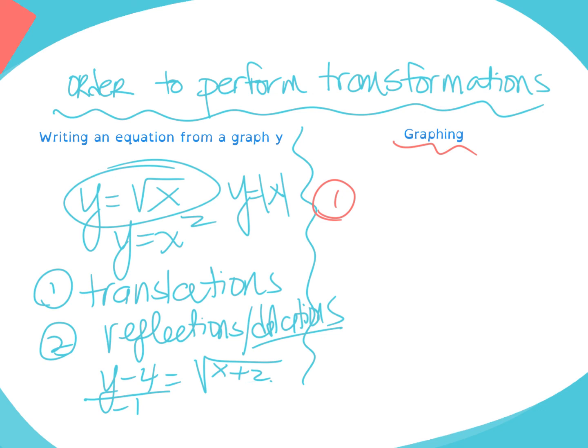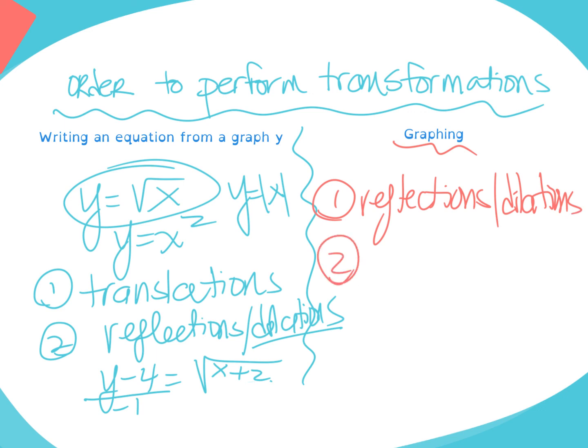Then you perform your reflections and dilations, right? And then your translations. But remember that this one could be somehow interchanged. If you decide to translate first, the line of reflection does move with the vertex or the key points, okay?